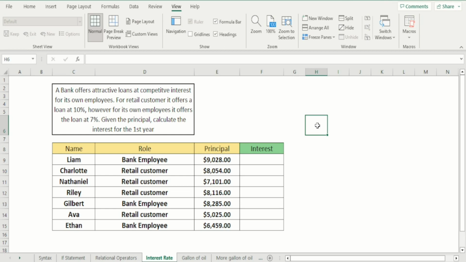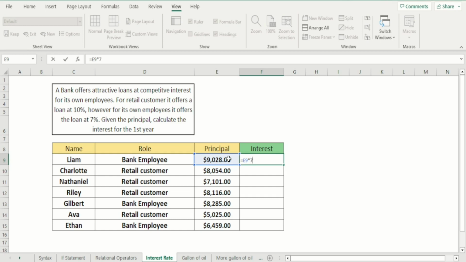Given the principal, and that's something we have in column E, calculate the interest for the first year. So how would this work? In general, given the principal, in order to calculate the interest, we see that this is a bank employee. A bank employee is going to be given a loan at 7%.